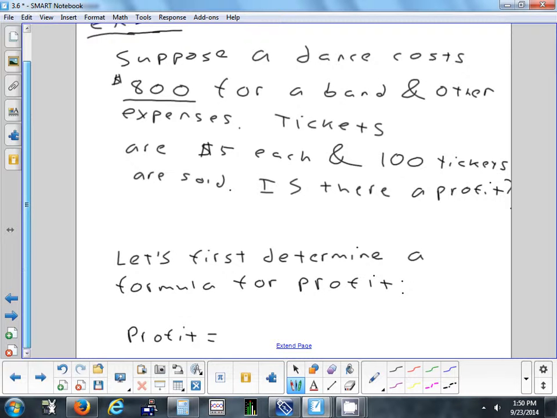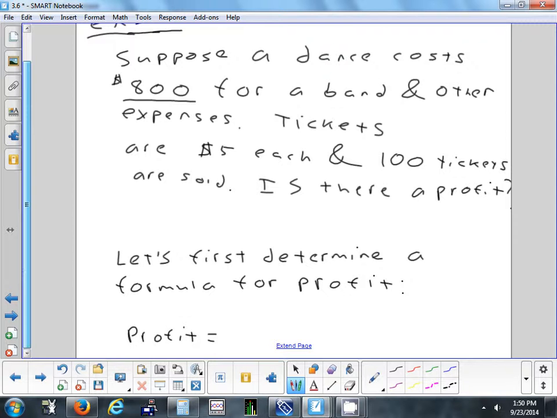And what's the one other thing that affects the profit? That's how many you sell and how much you sell them for. But what else affects the profit here? Is there any expenses the school has to pay for? Yeah, the expenses. The school has to pay all the expenses.